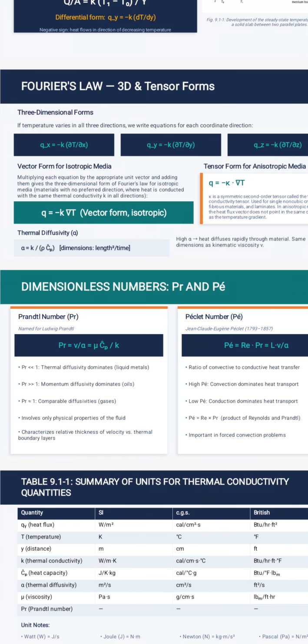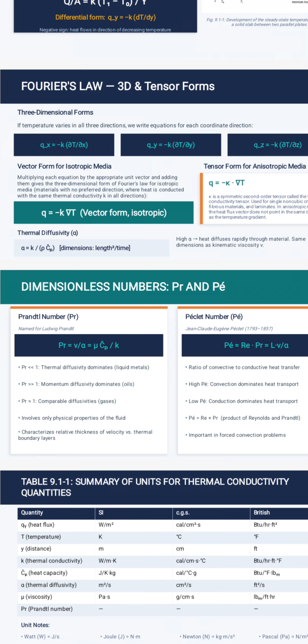First one being Prandtl number. Now Prandtl number is defined as nu by alpha, which can be written as mu Cp by K. Now, if Prandtl number is much less than 1, thermal diffusivity dominates, as in liquid metals.